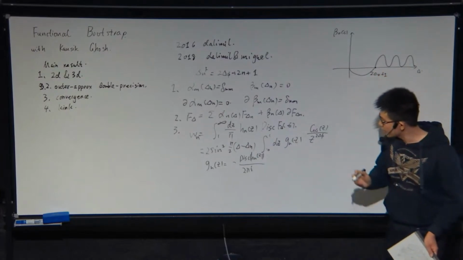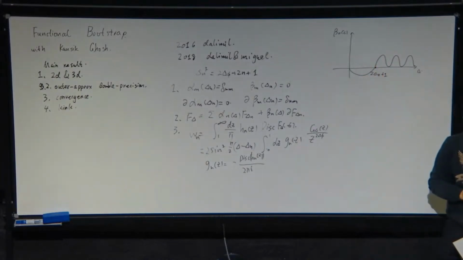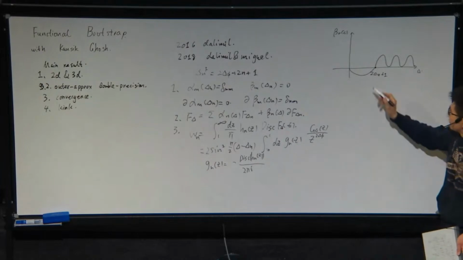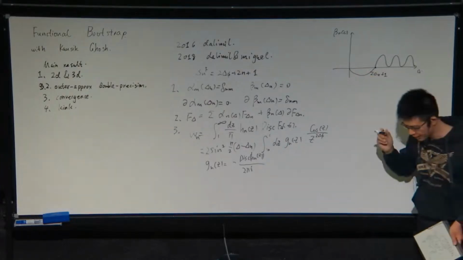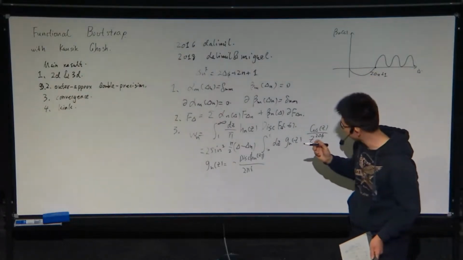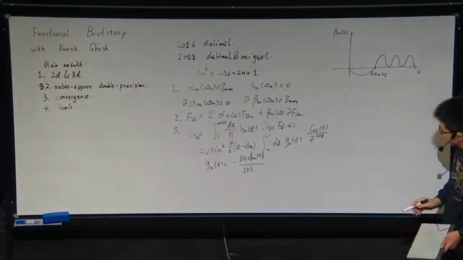One of the instant consequences of this functional is that it is an extremal functional for the gap maximization, which means that we must have something here below 2 Delta_phi plus 1. And we know that this gap is saturated by the GFF, the generalized free theory. This is why this is an instant result of these functionals.